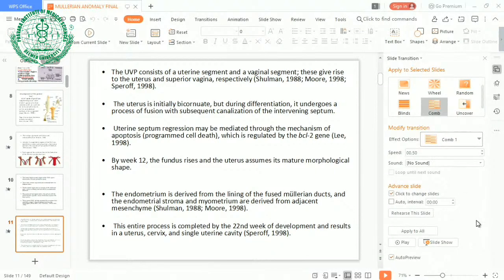By 12th week, the fundus arises and the uterus assumes a mature morphological shape. The endometrium is derived from the lining of fused Mullerian ducts, and the endometrial stroma and myometrium are derived from the adjacent mesenchyma. This entire process is completed by 22nd week of development and results in uterus, cervix, and a single uterine cavity.